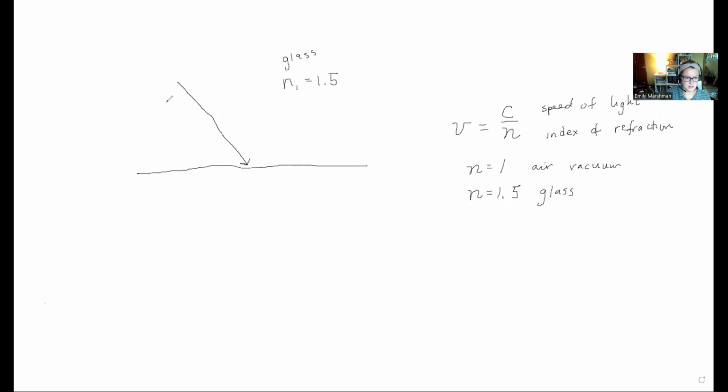So these wave fronts are closer together. It's not moving as fast in a given period of time because its velocity is smaller inside the glass. When it gets to the boundary, let's say it's going from glass to air. N equals 1.